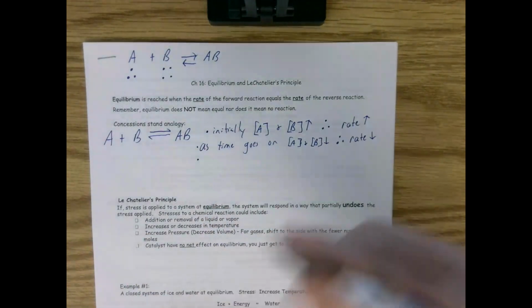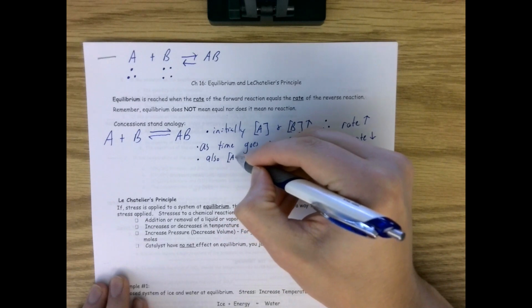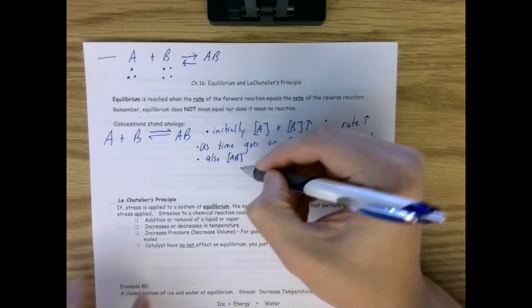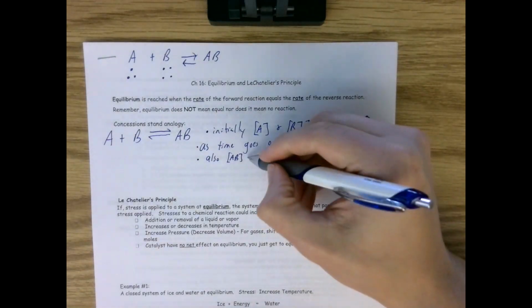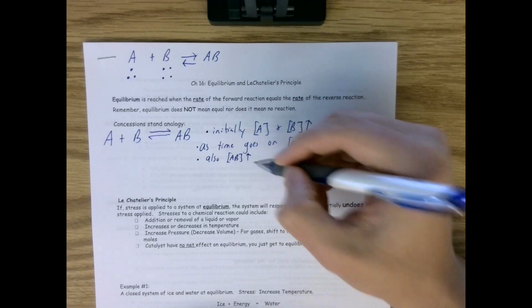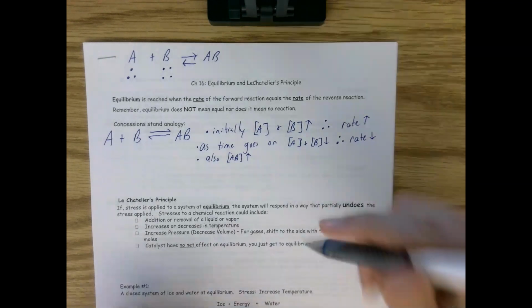So now at the same time, I can say also the concentration of AB is doing what? It's increasing. Okay? As A and B react together, I'm making more of AB. So now I can say the concentration of AB increases. So I have more of the product. So as I get more of the product, the rate for decomposition is going to do what? It's going to go up.